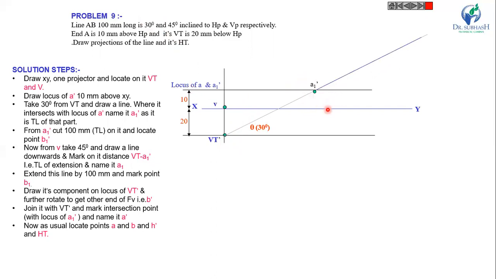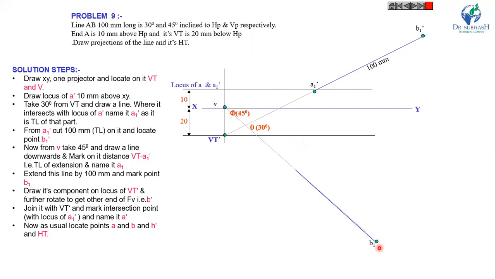So from the A1 dash, 100 mm long, which is the true length of the line, draw another point B1 dash. Now from V, draw a line at an angle of 45 degrees. Phi is 45 degrees, as given.